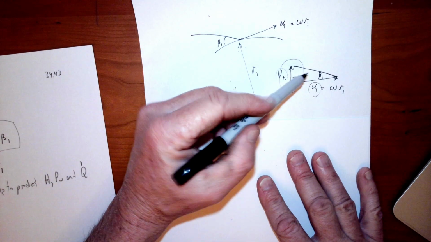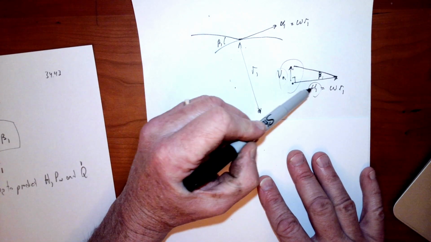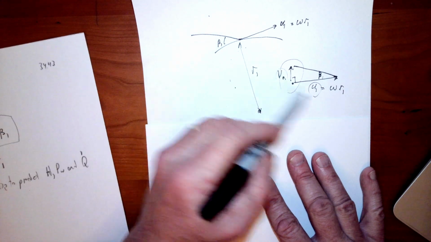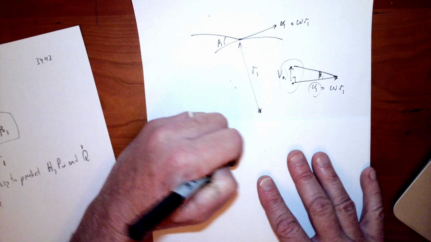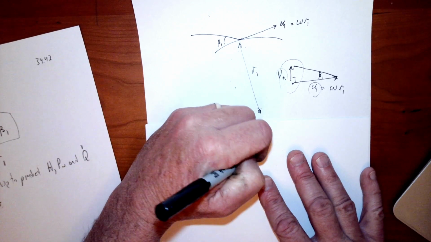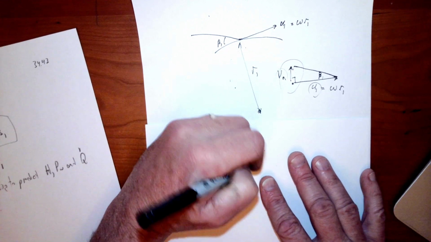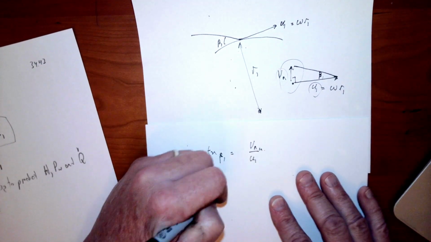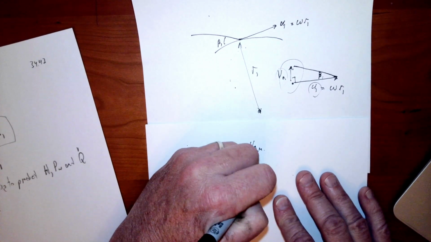So if you look at this diagram again, you can see that the normal velocity, that inlet velocity over U1, the blade speed, is going to equal the tangent of beta 1. So the tangent of beta 1 is equal to V sub n at the inlet divided by U1. So we can solve for Vn at the inlet, and it's just equal to U1 times the tangent of beta 1.